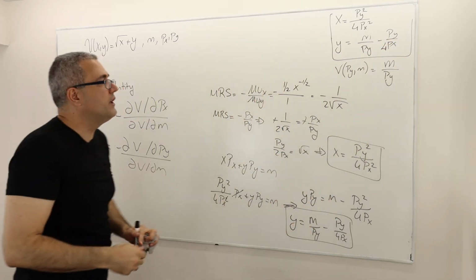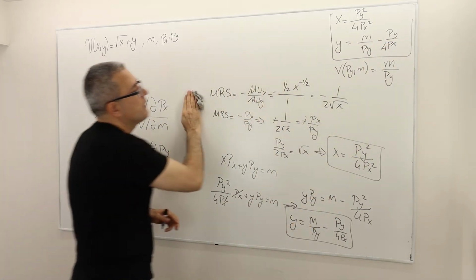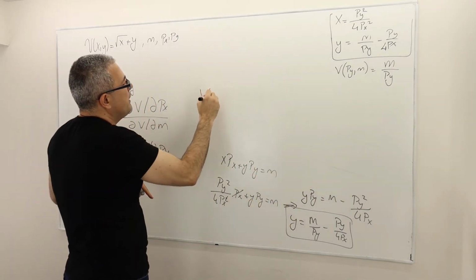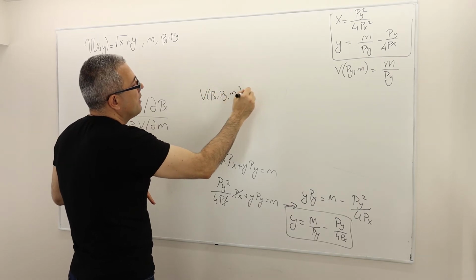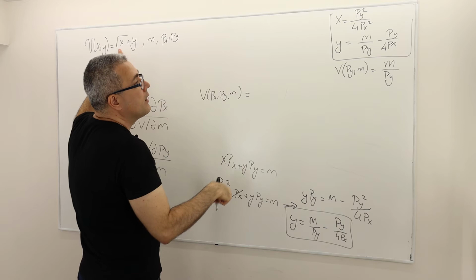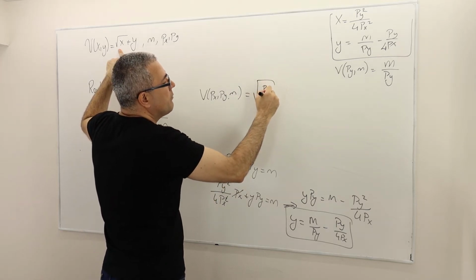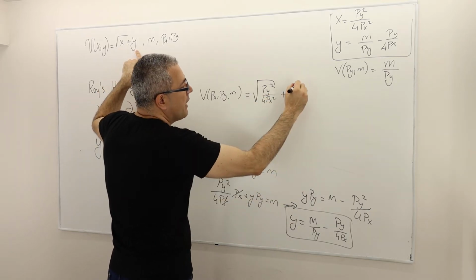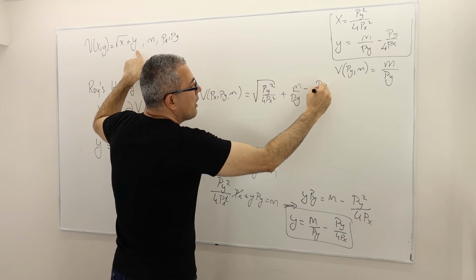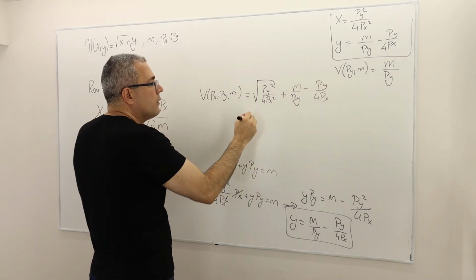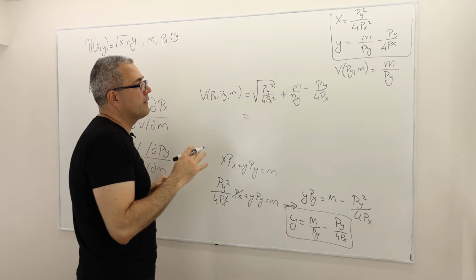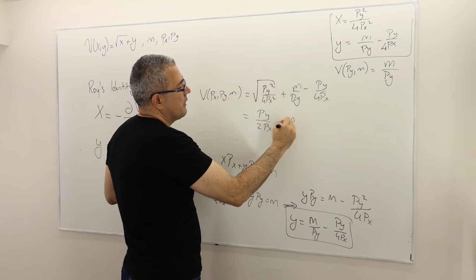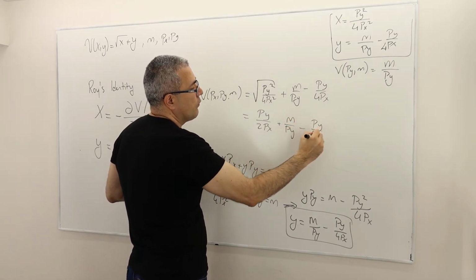Fine. Well, that's going to change the indirect utility function, I believe. So let's do the indirect utility function. So the indirect utility function V(Px, Py, income) is equal to square root of x, which is square root of Py squared over 4Px squared, plus y itself, which is M over Py minus Py over 4Px. There you go. So the Py over Px term will not cancel out this time, because this is Py over 2Px plus M over Py minus Py over 4Px.